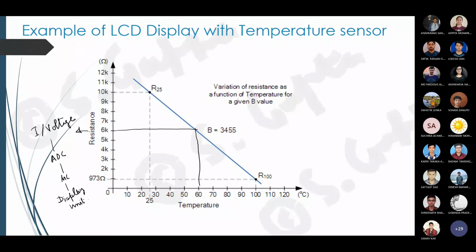And then if it is linear, that will be easier for us, so that we can have an integer multiple of that value, which will give us the signal in terms of current or voltage. And then that voltage signal can be fed to this ADC, get the digital value. And from these expressions, we can find the temperature. And that temperature we can display in this display unit. Is that clear?